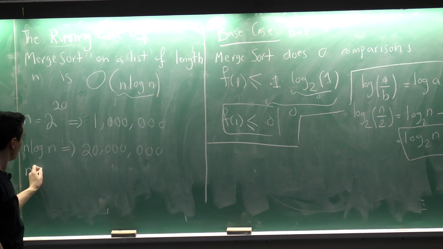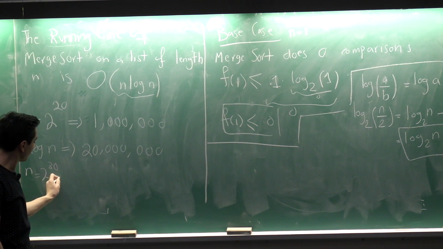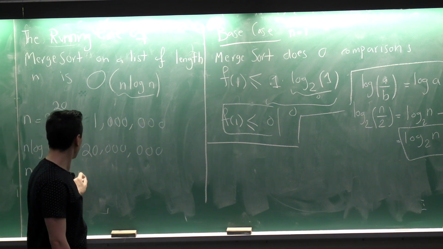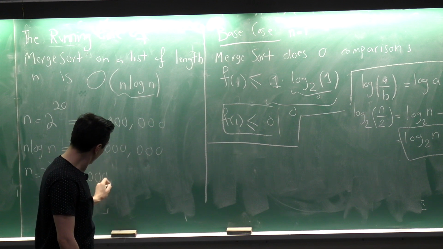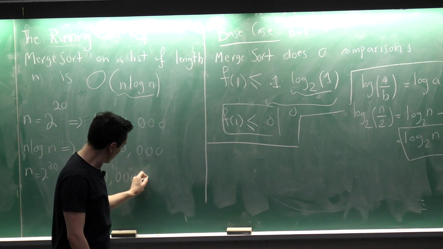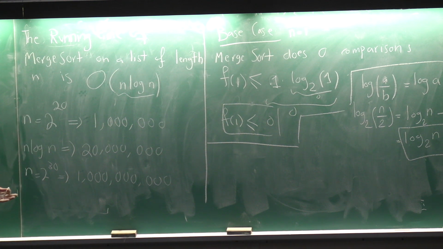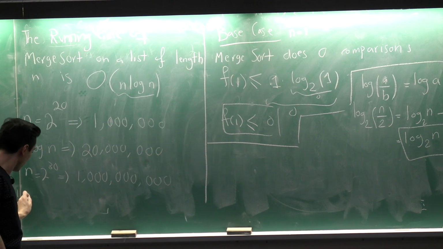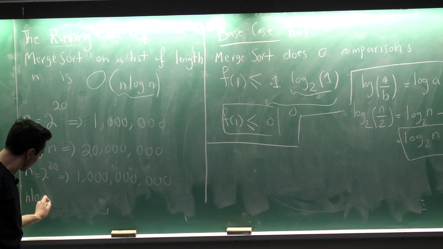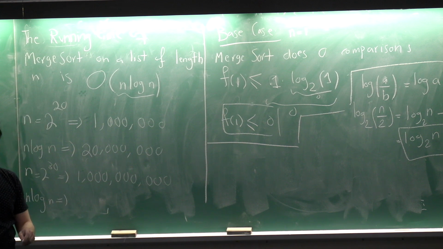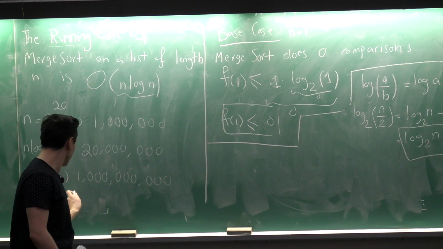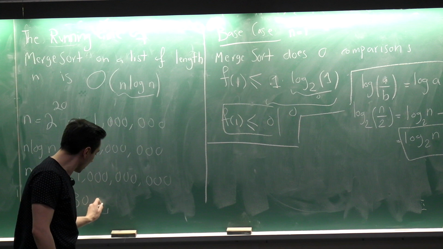How about this? Here we have 1 billion elements. Right? So if each element is a byte, that's going to be roughly a gigabyte. If you have an array of 1 gigabyte, and if you want to sort it, how many comparisons will it make? It's going to make 30 billion.